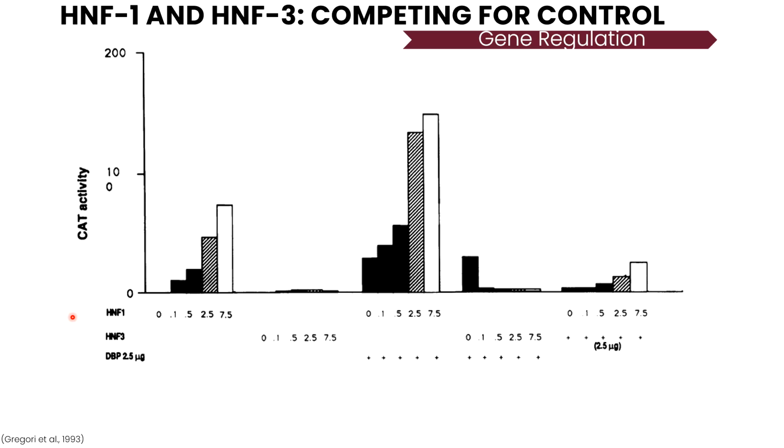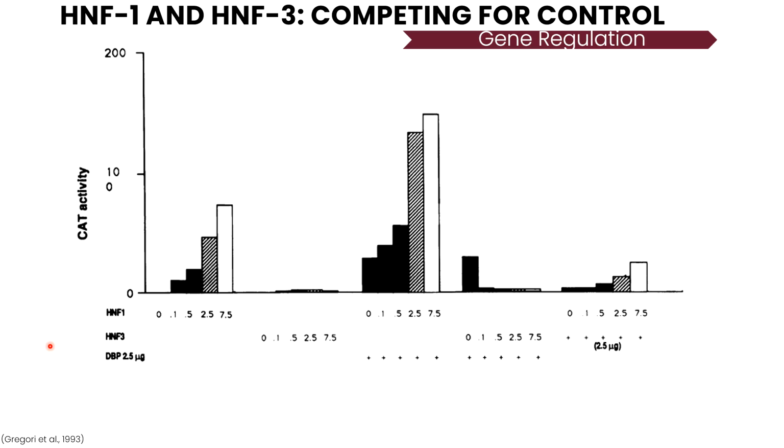We have HNF1, HNF3, and DBP along the bottom left of the figure, and each one has different numbers. These labels tell us which transcription factors were introduced in each experimental condition. These numbers represent increasing amounts of HNF1 or HNF3 expression vector, while the DBP was held at the indicated amount within the experiment where it was included.